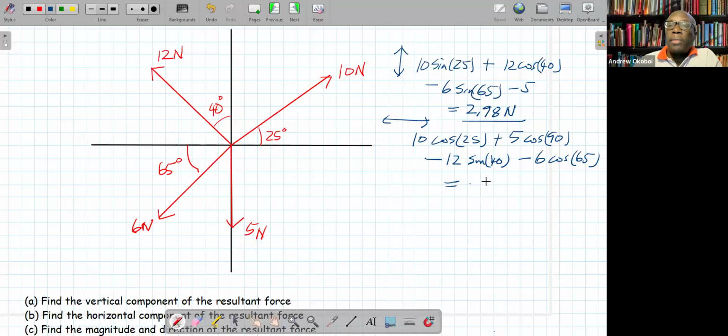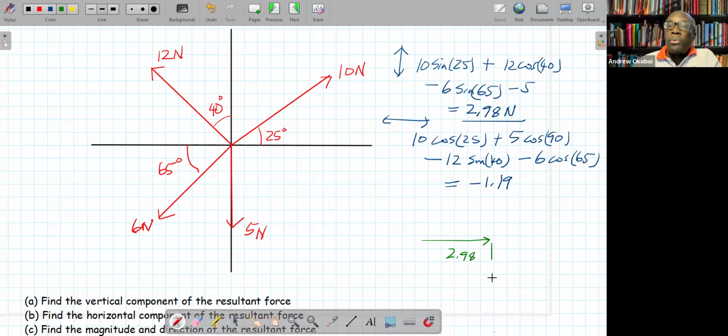The 5 doesn't count, but you can actually add it if you want: plus 5 cos 90, which is going to be 0 anyway. So the answer is minus 1.19. So we'll put that in here. So this equals minus 1.19. If I draw it the way it looks, this is the horizontal component, which is 2.98.